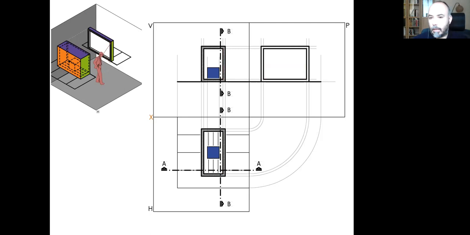So I can use the same drawing technique to indicate this blue cube, and it is being behind me. So I need to transfer its level and its width up here, so that I will have the guiding lines.